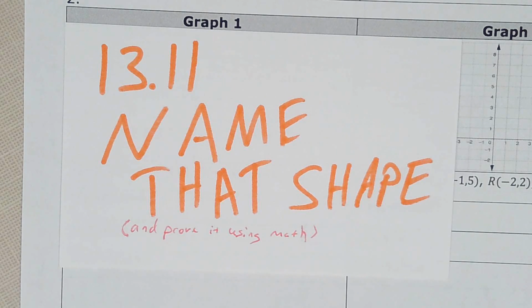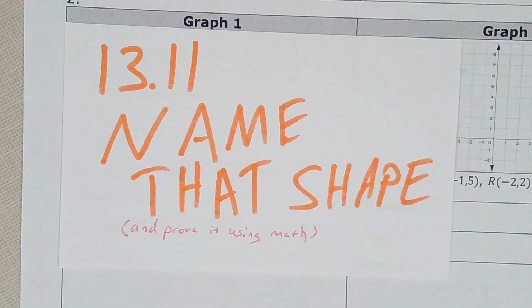By the end of this lesson, you should be able to graph some points, use some math identifying slopes of lines, compare those slopes, and identify if lines are congruent, parallel, or perpendicular.